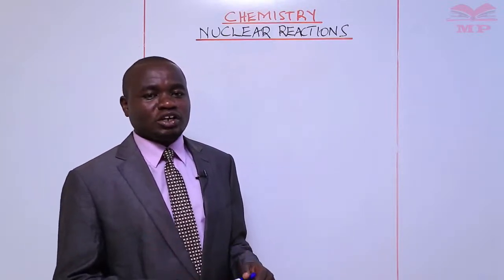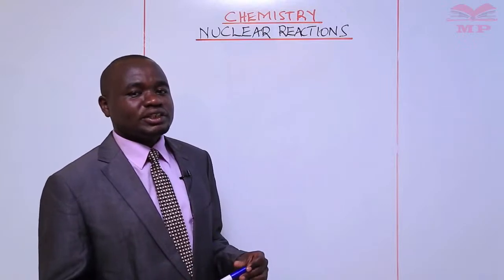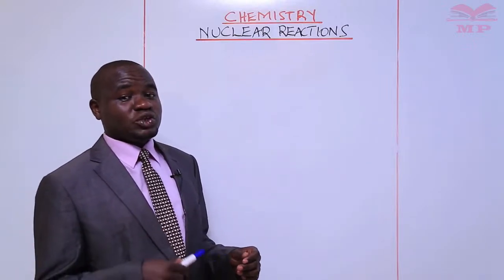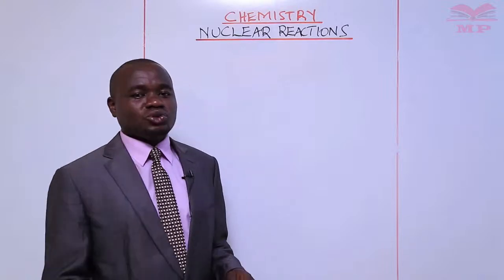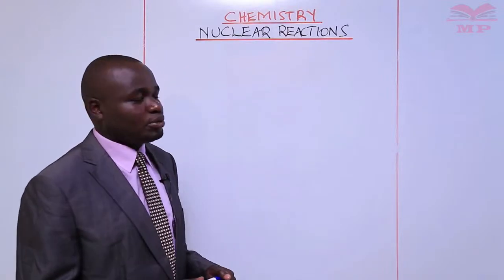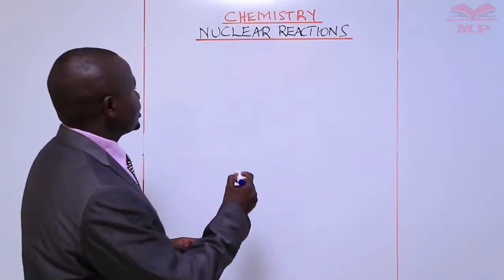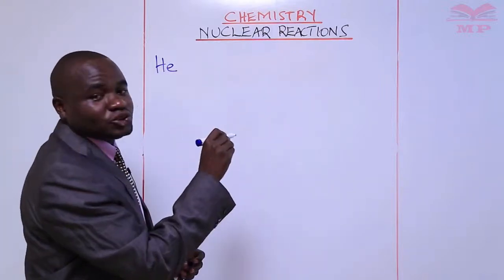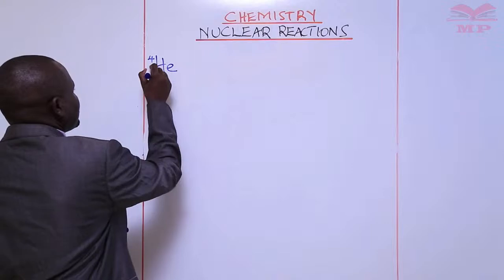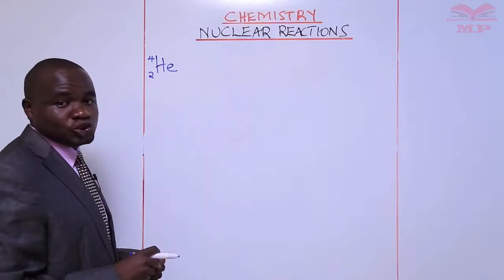When it comes to alpha particles, we saw that when writing a nuclear equation using alpha particles, they are represented with a helium atom with a mass number of 4 and atomic number of 2.